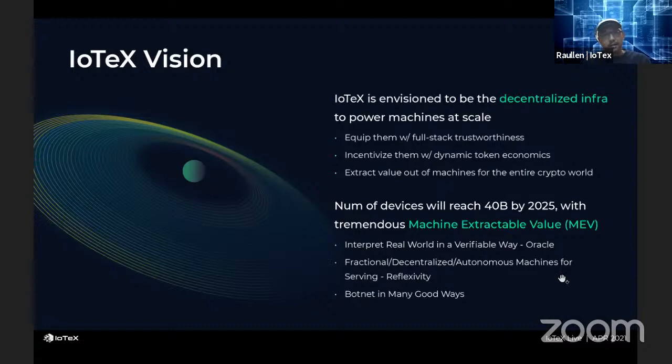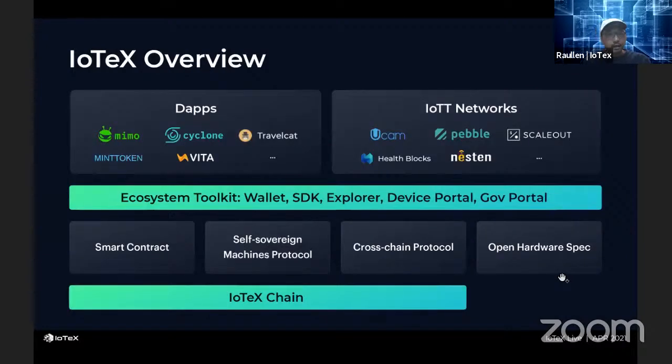Next slide, please. So IoTeX is an umbrella project for lots of things that are ongoing. Underlying, we have the IoTeX public blockchain that was built three years ago from scratch. That's the foundation for trust. Built on top of the blockchain, we have different middlewares. We have smart contracts, of course, EVM compatible.